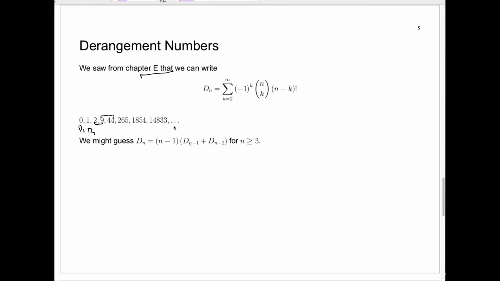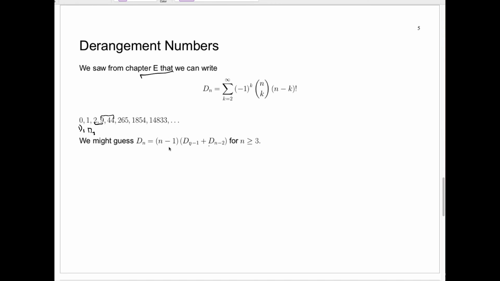I want to run through with you a simple combinatorial explanation for why this really holds with derangement numbers. And of course, remember, d sub n counts the number of derangements of an n-letter string with n distinct letters.